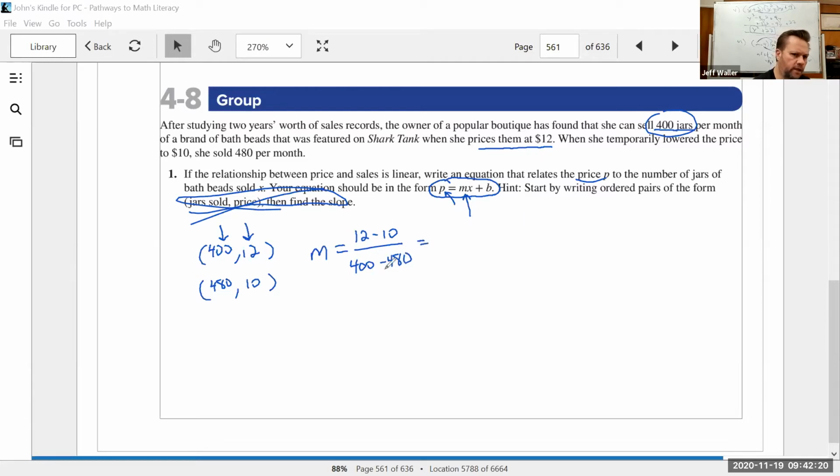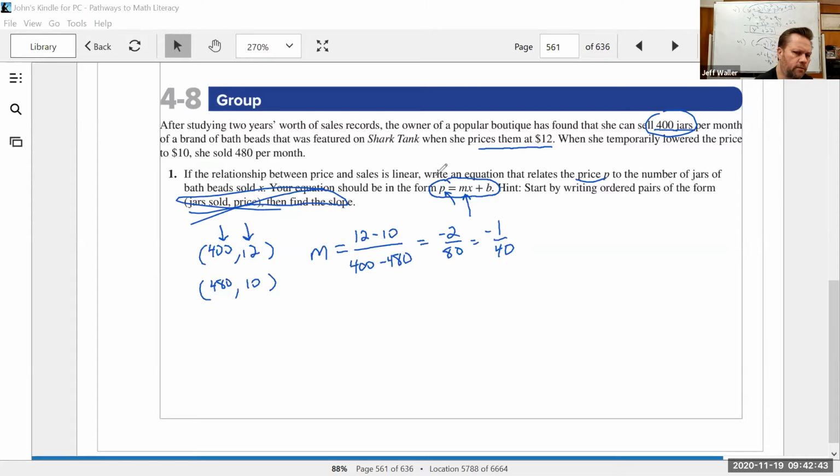Or you could have done it the other way, but either way you do it, you end up with -2 over 80, -1 over 40. Can you finish that out for me?